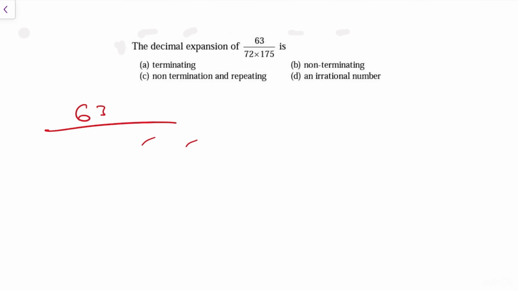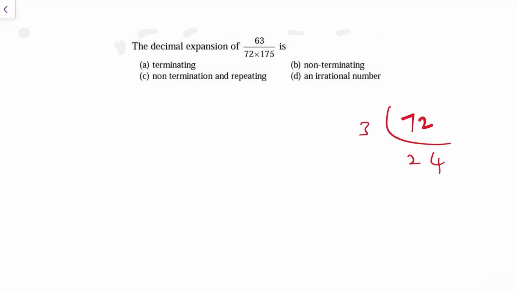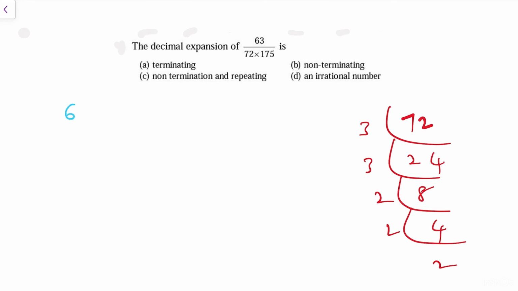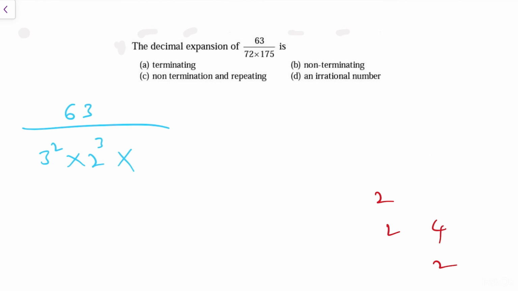Okay, if you feel this is a little difficult, then we will go with the direct prime factorization, no problem at all. 72: 3 twenty-fours, next again 3 eights, 2 fours, 2 twos. So 63 divided by 72 can be written as 3 square into 2 cube into the next number 175.